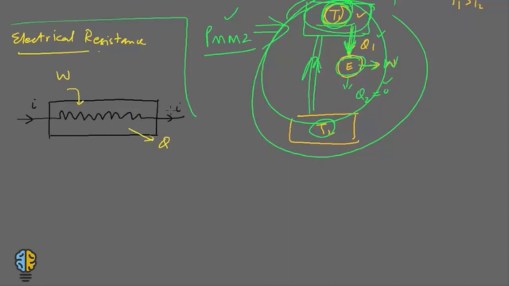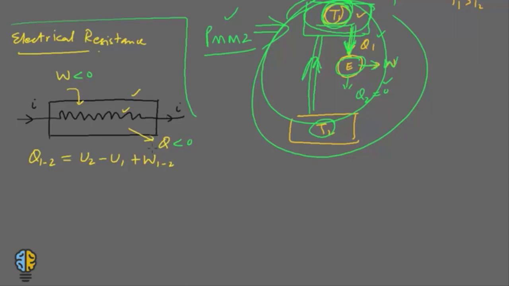Now taking this wire and this resistor as a system, let's write the first law. So you can say that the heat interaction is equal to the change in the internal energy plus the work interaction. Now in this case, work is negative because it is being supplied to the system, and the heat is negative because it is being rejected by the system. So both are negative.